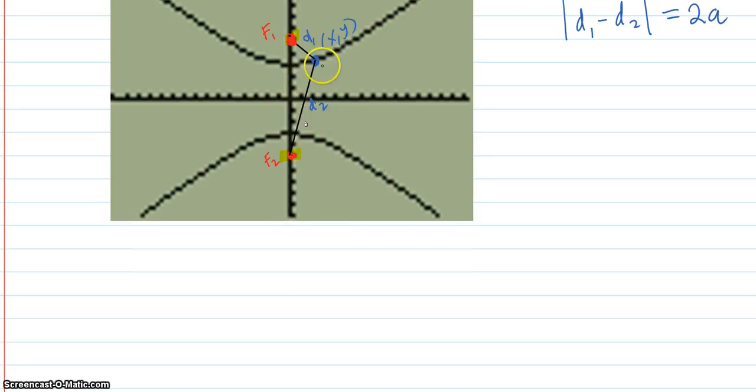Now here's another point on the hyperbola, and d1 is here and d2 is here, and I want you to notice as we swing the arc that the remaining cutoff distance will still be that 2a across here.